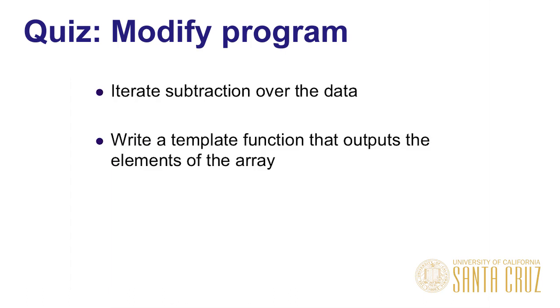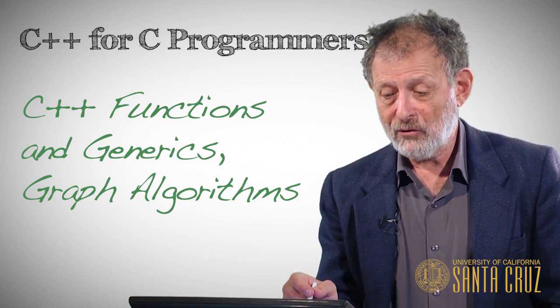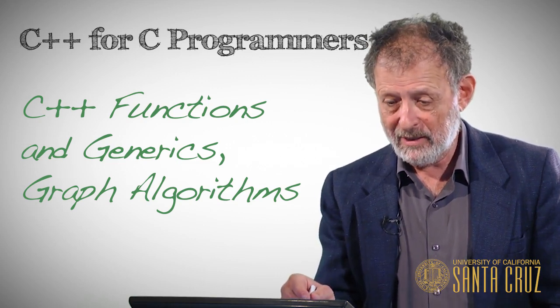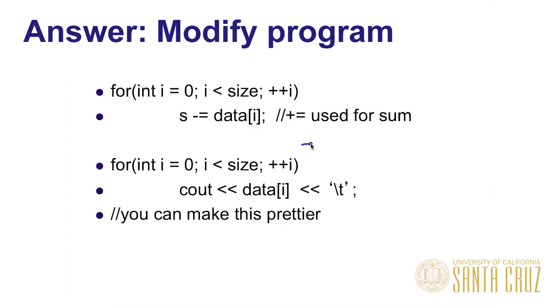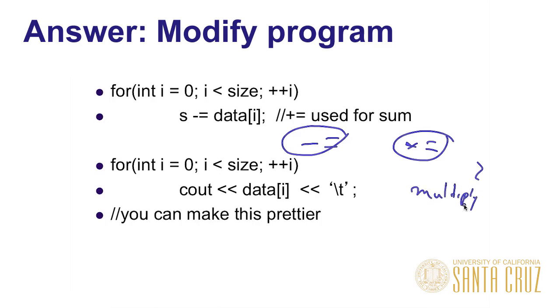And I'll leave that for an exercise for you. So the answer is to provide a different operation here. And we could provide arbitrary operations; this would be repeated multiplication. In this case, we provide a subtraction. That would have been the answer.